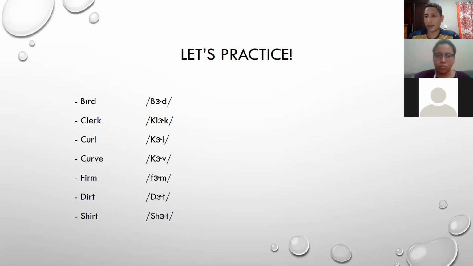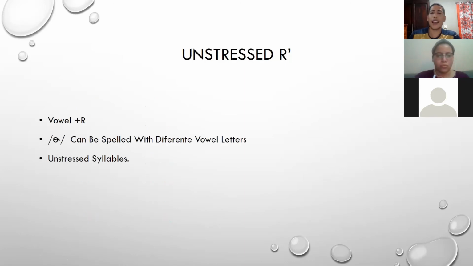I am overreacting a little bit, because in normal communication, in rhythm, you wouldn't be stopping in every stressed syllable to say bird or clerk, but I am doing it so you can spot the difference. So now let's see, my dear students, the unstressed R.